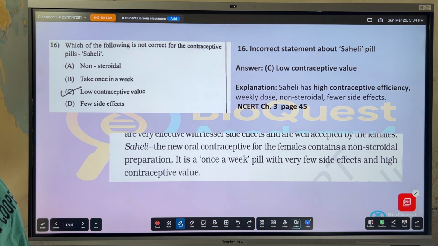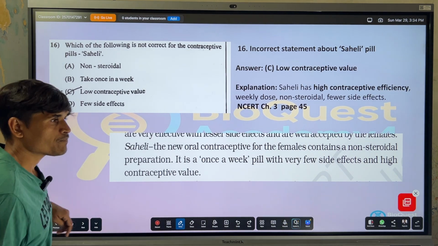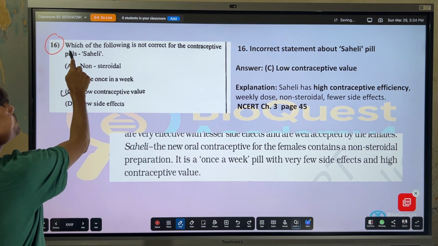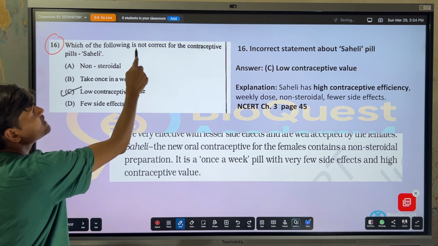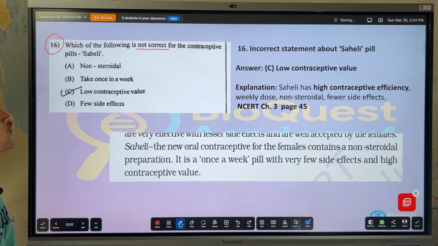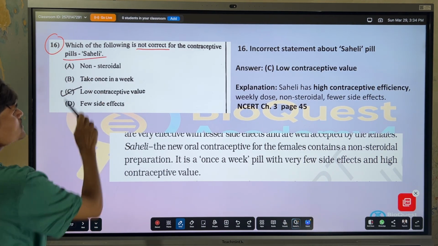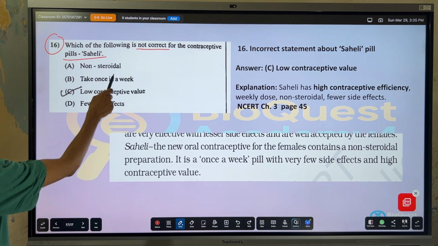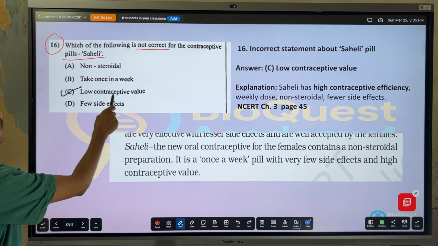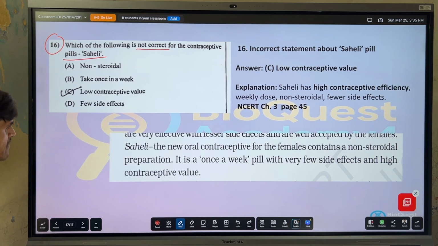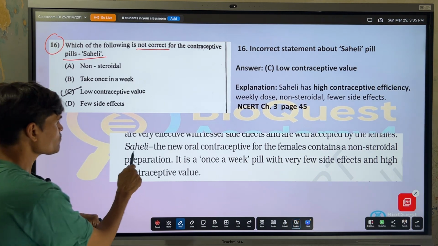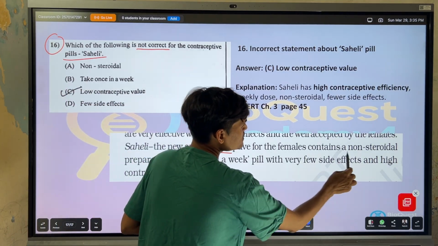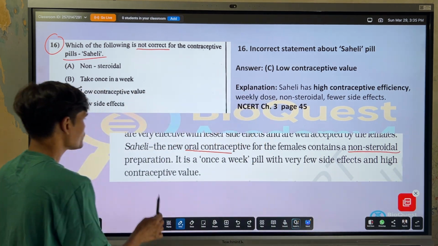Next, question 16. Which of the following is not correct for the contraceptive pill, Saheli? Before we go over here, see the four options: non-steroidal, take once in a week, low contraceptive value, few side effects. You can see here, Saheli is a new oral contraceptive. It contains non-steroidal preparations.